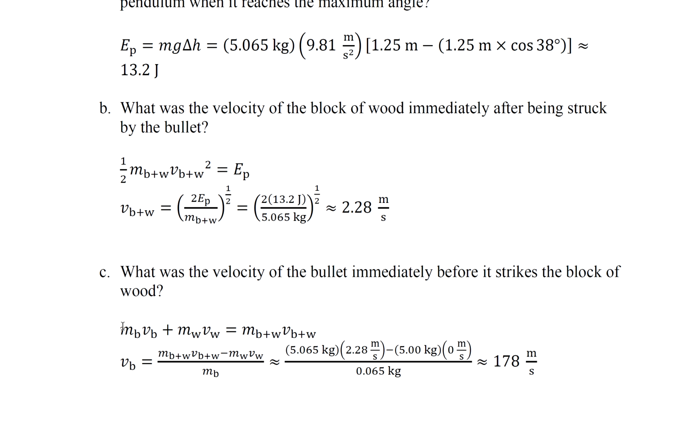That's this side here, before the bullet collides with the wood. And on the right side, we have the bullet and the wood colliding with each other. Let's solve for the velocity of the bullet. And we get 178 meters per second approximately.